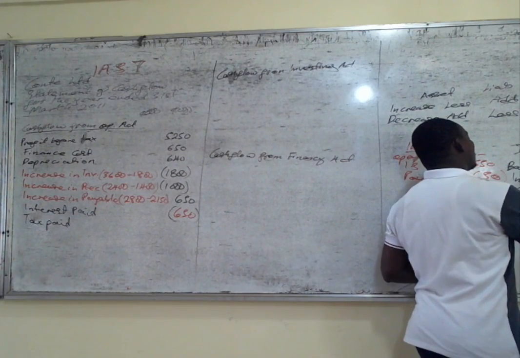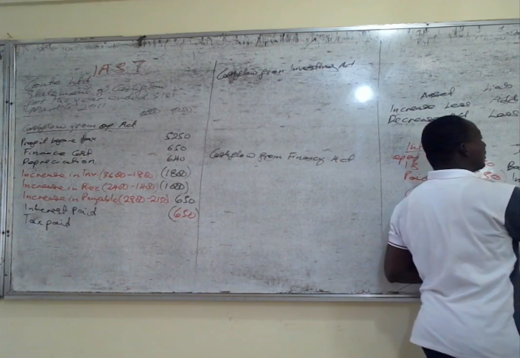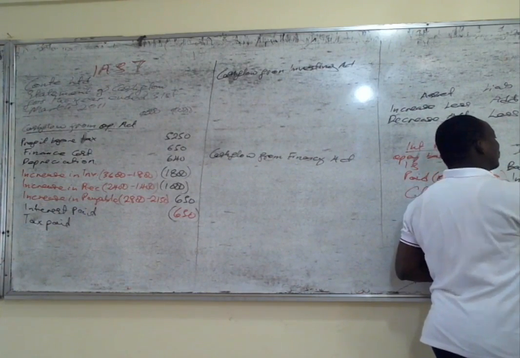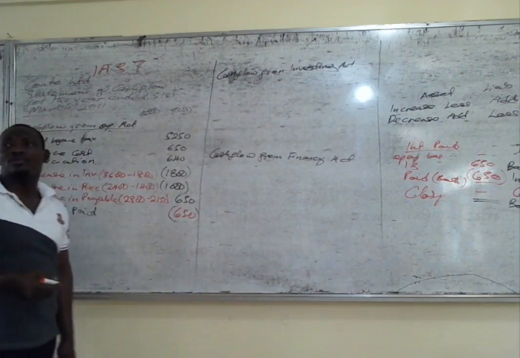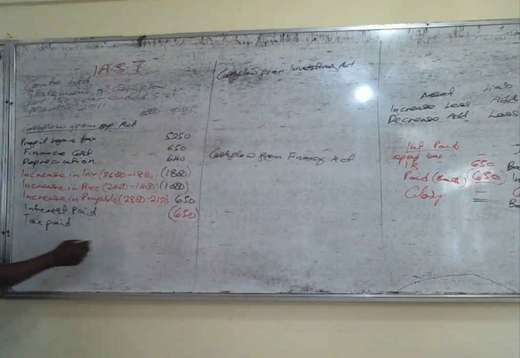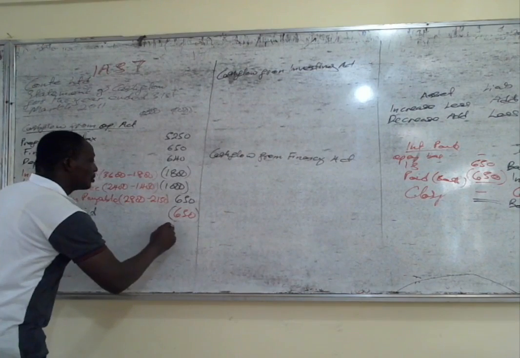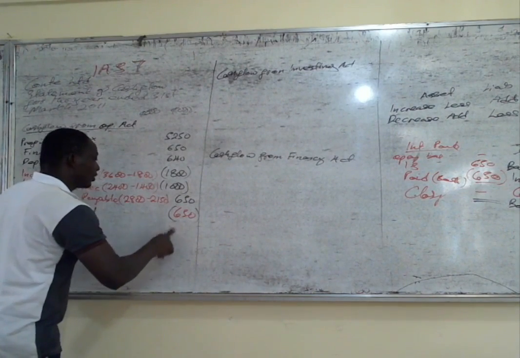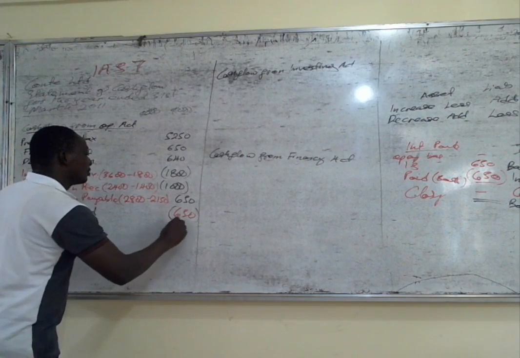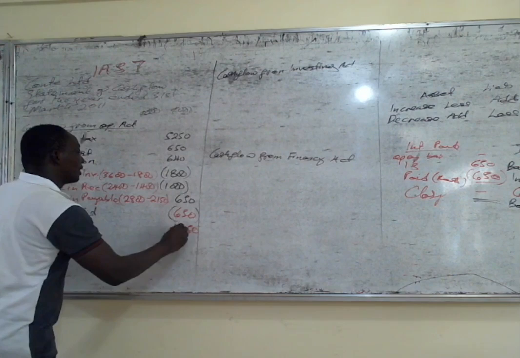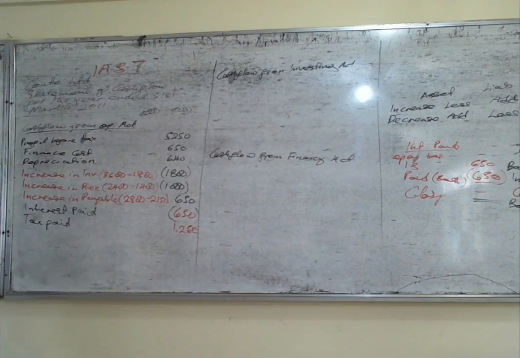So the cash book, the cash at bank. 1,250. That is how much they have paid. Okay, simple. So we come here, tax paid, 1,250.